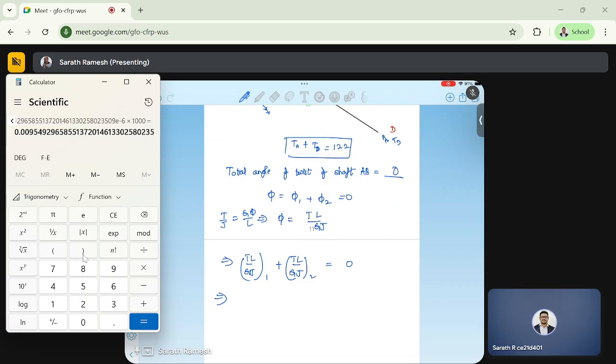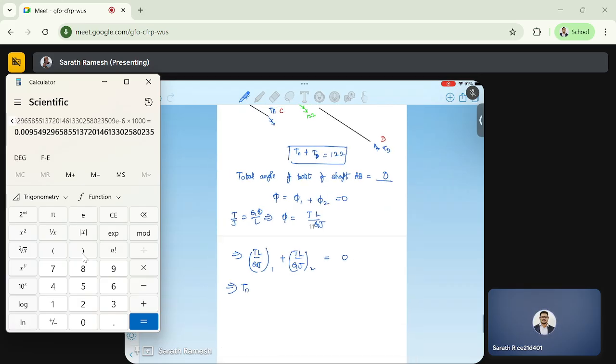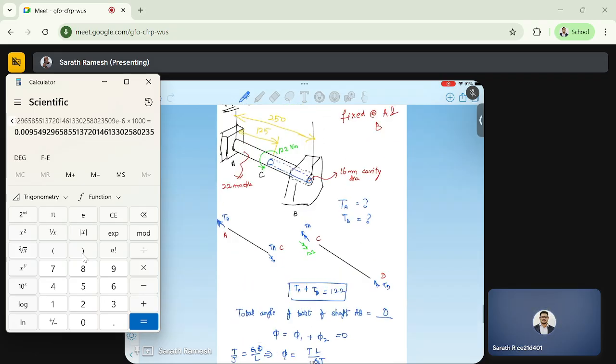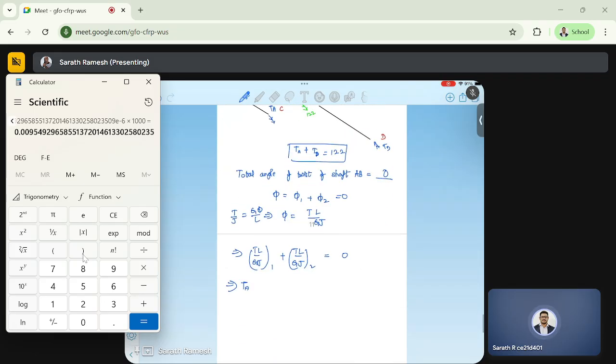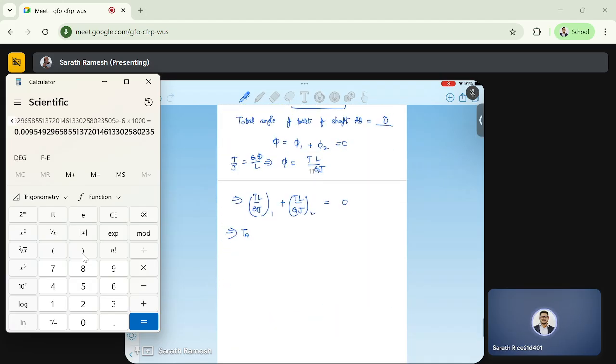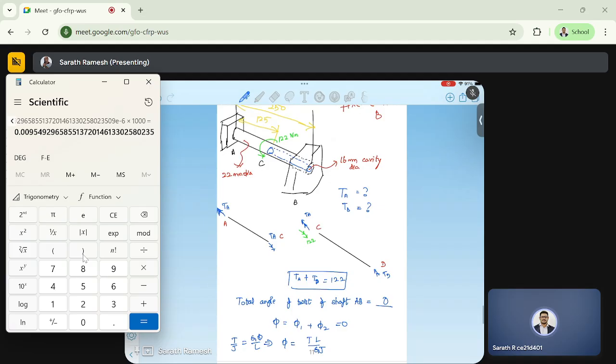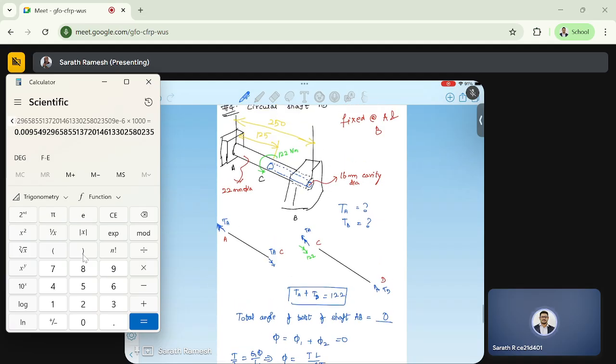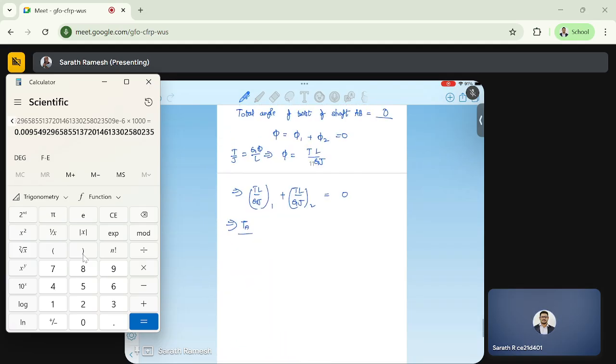Now let's substitute TA, L of AB. So 125, 125, it will get cancelled. G, same material, it will get cancelled, equal to 0. J1 will be, it's a solid for 1, that is AC and CB, okay?